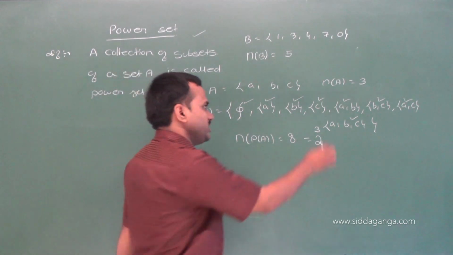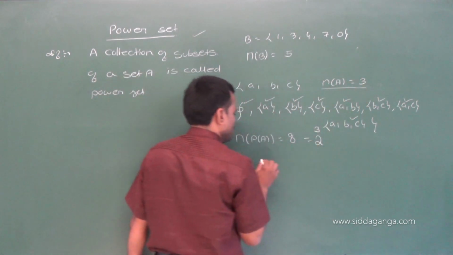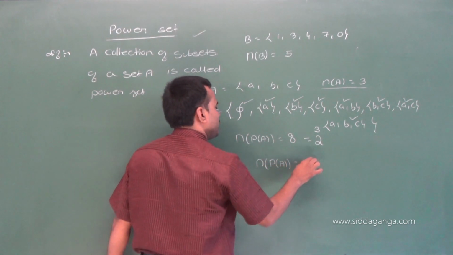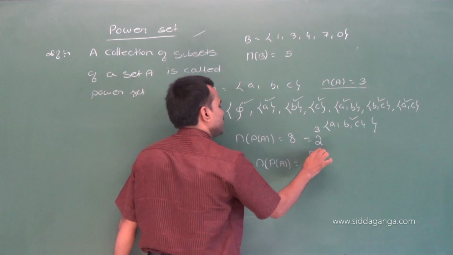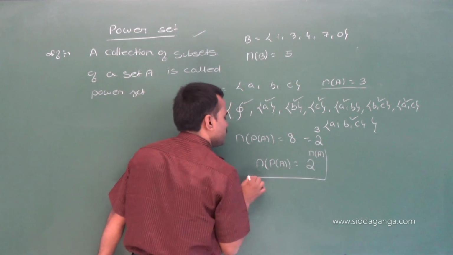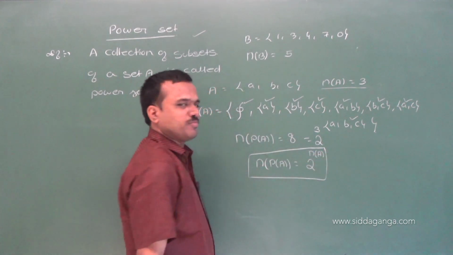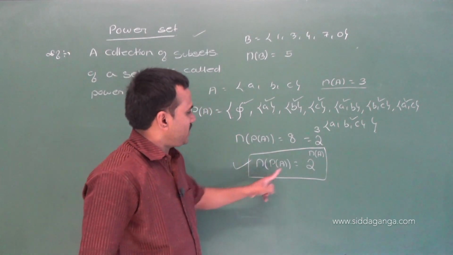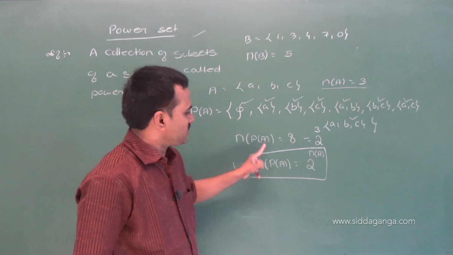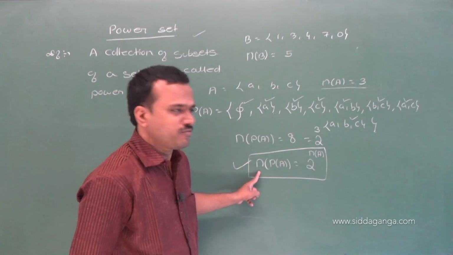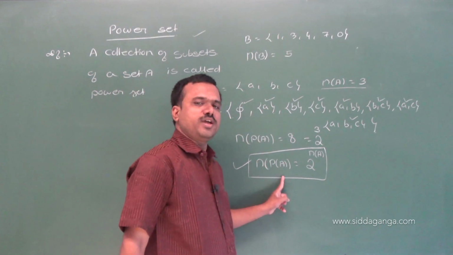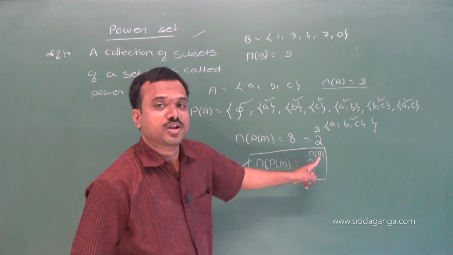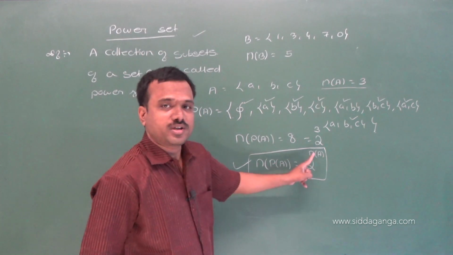Why do I write 3? N of A is 3. So N of P of A is always equal to 2 to the power N of A. This is very important, a formula. Observe the result. Number of elements in P of A is always equal to 2 to the power N of A.